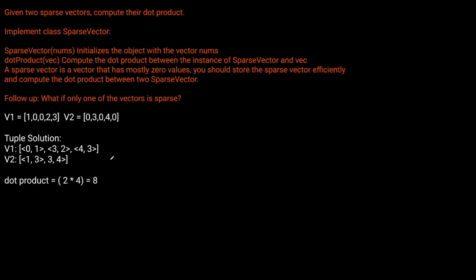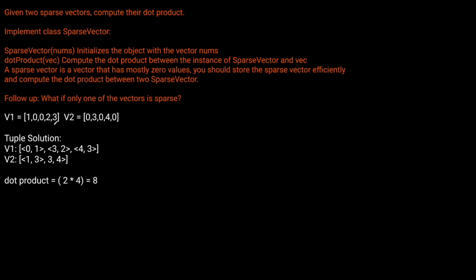So for example, if we had our vector 1 here, we could see that at index 0, it has a value that is non-zero, right? It's 1. So we would put that into our array. So we would store it as a tuple of 0, which is going to represent the index, and then the value, which is 1. And then we're going to go through the array. Okay, is index 1 non-zero? No, it's not. Is index 2 non-zero?